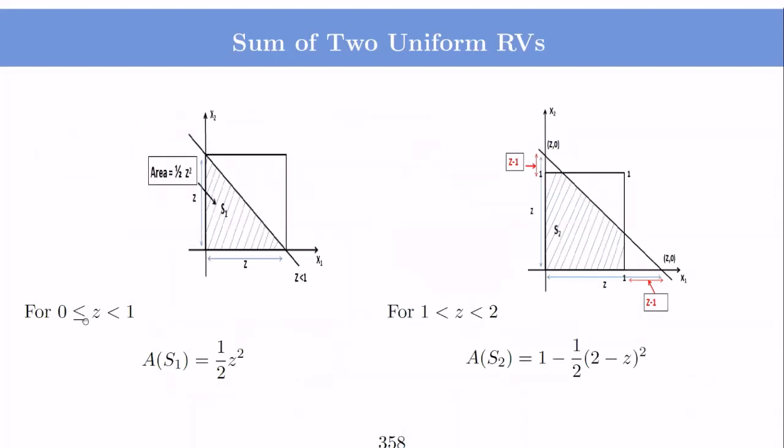If z is between 0 to 1, then this line will intersect the axes at a point before 1, because z is less than 1. Similarly here also. So in that case, this will be z and this will be z. So the area of intersection with the rectangle is just this triangle, which is given by z squared into half.